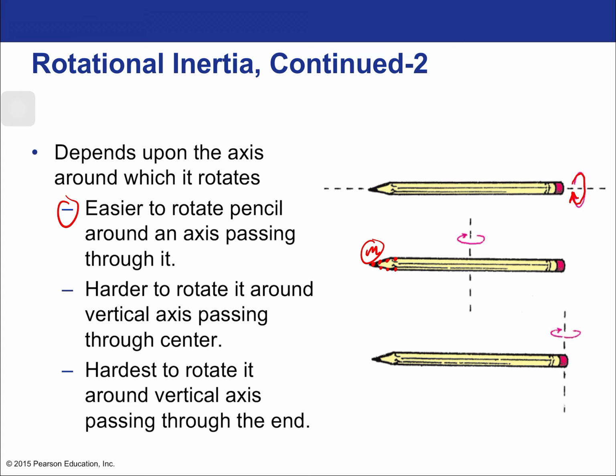And of course, the hardest way, or perhaps it's not of course, but I'd like to make it clear that the hardest way to rotate the pencil would be around one far end, because now we have mass that's even further away from the axis of rotation. Okay? Didn't change the pencil at all, only changed how we rotated it and found 3 unique moments of inertia for this object.